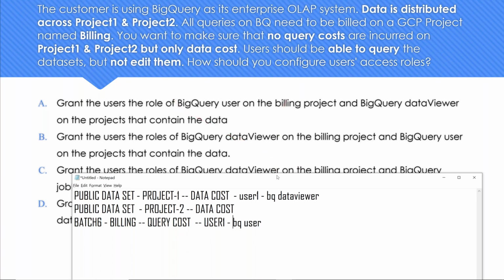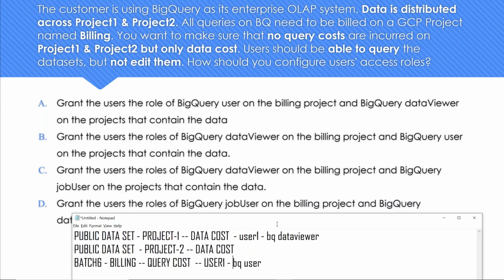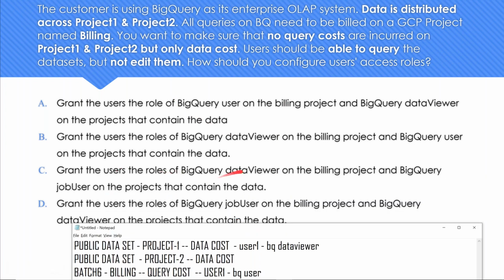Going to the next option, C: grant the user BigQuery data viewer, exactly the same as this, and BigQuery job user. Now the first two options were focusing on the BigQuery user role. The bottom two, C and D, are focusing on job user.